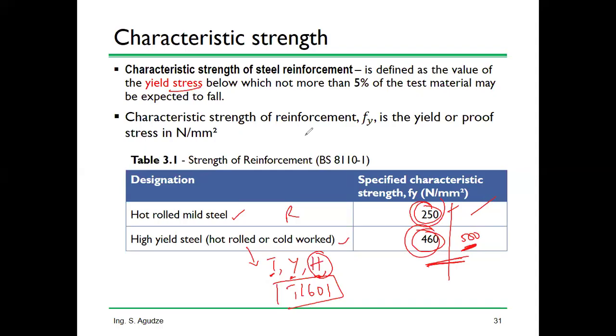Only 5% of the results I attain is expected to be less than 250. So if more than 5% is less than 250, it means that the reinforcement bar is bad and cannot be used for the project. Okay?